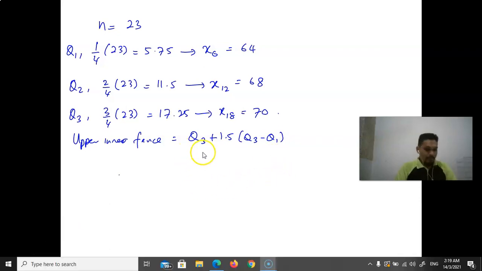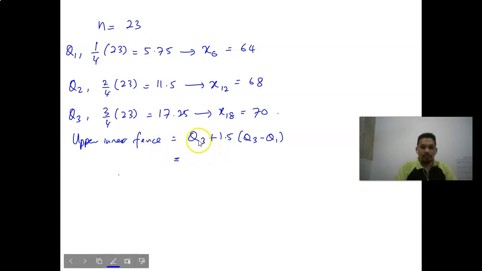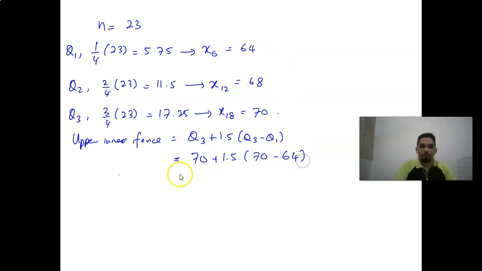So now, from here, we try to find the upper inner fence. We use the data of Q3, which is 70, plus 1.5 times Q3, 70, minus Q1, which is 64. Okay, so here it comes out with 79.